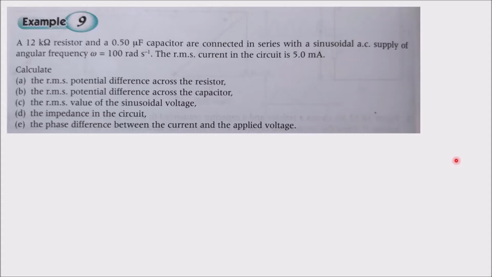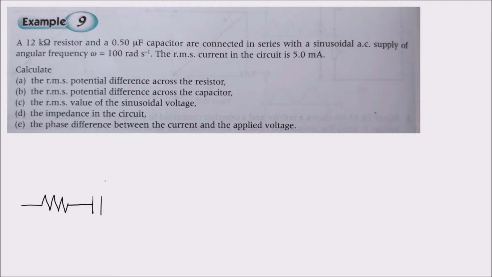A 12 kilo ohm resistor and a 0.50 microfarad capacitor are connected in series with a sinusoidal AC supply of angular frequency omega equals 100 radian per second. So it mentions here that you have a resistor and you have a capacitor.